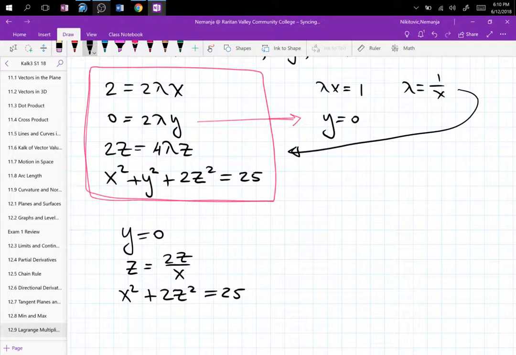We all good? So there you go. Yeah, lambda is not 0, because if lambda is 0, you're getting the trivial solution 0 equals 0. All right, remember? That's where I was. All right, good.